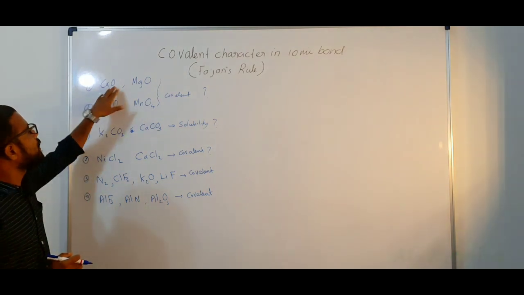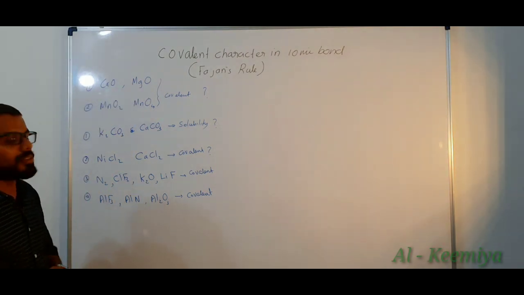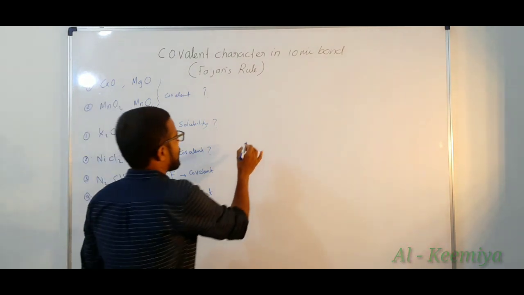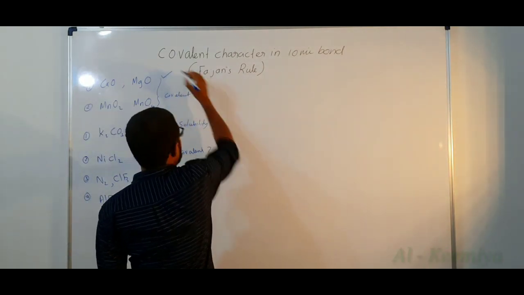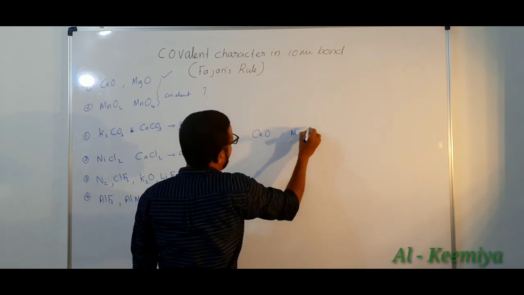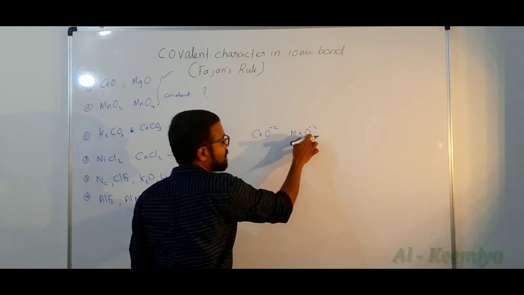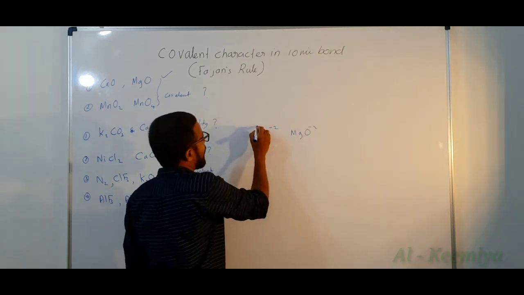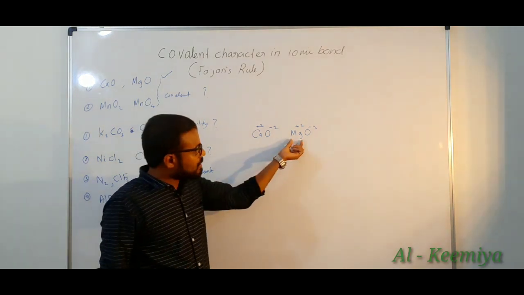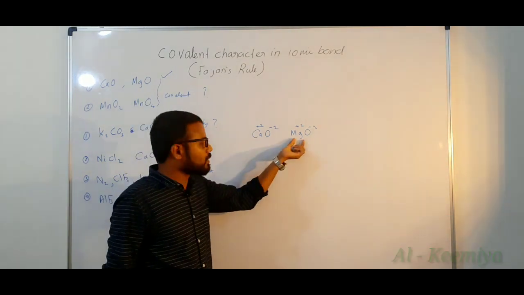Calcium oxide and magnesium oxide: which is more covalent or which is more ionic? That is the question. CaO and MgO: the anion charge is -2 and the same. Calcium is +2, magnesium is +2, both are the same. Now size: magnesium and calcium both belong to the second group.